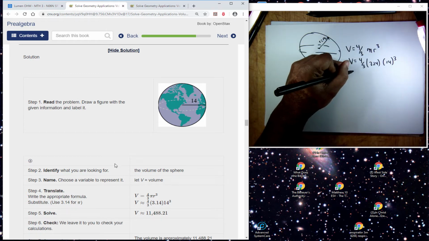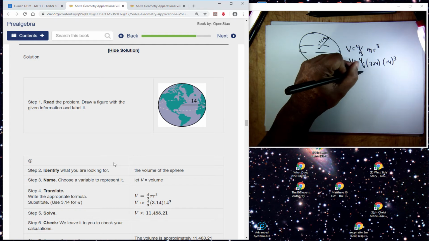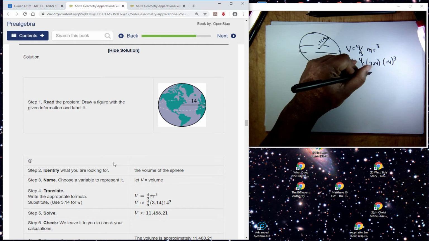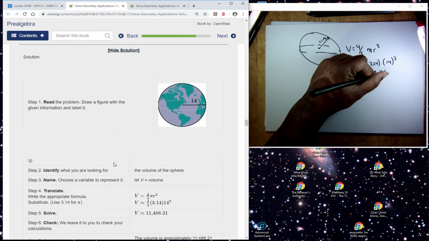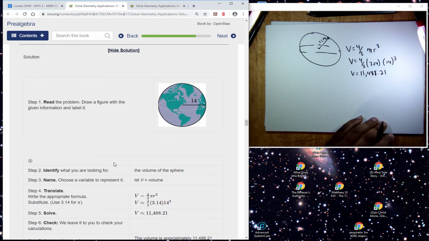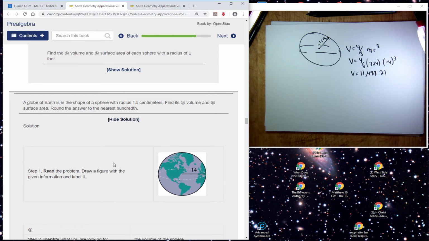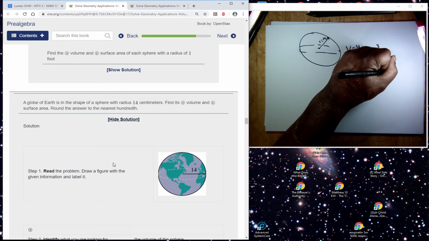Okay, so you can multiply this together. You get approximately 11,488.21. And the unit in this case here is, do they give us a unit? 14. So, cubic centimeters.